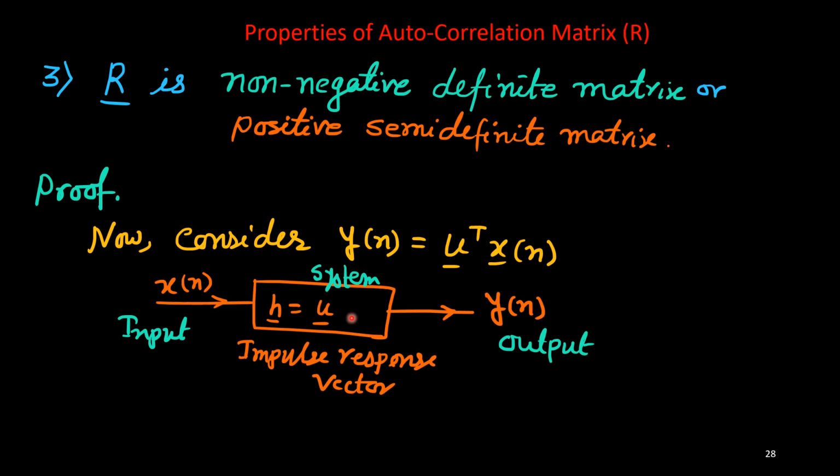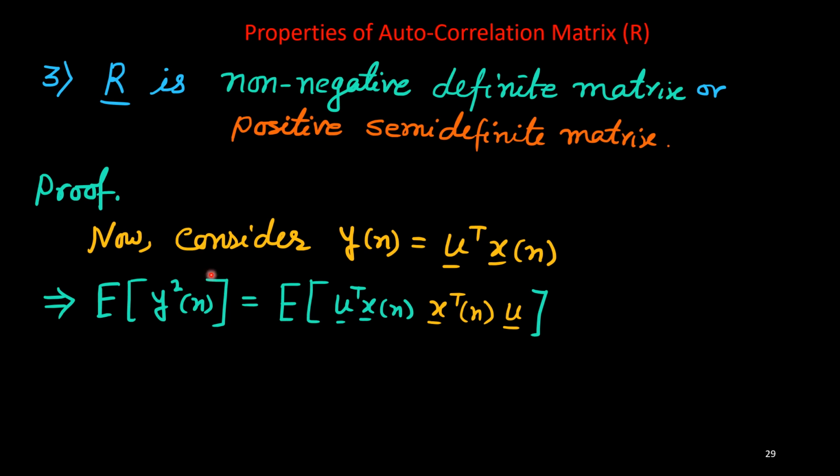This is the interpretation of that equation, right? So x(n) is the input sequence and y(n) is the corresponding output sequence for this system.